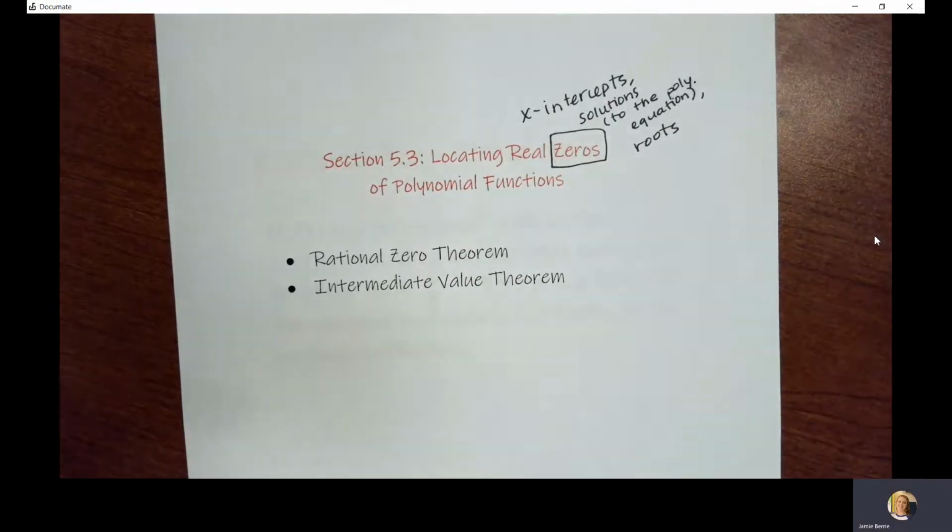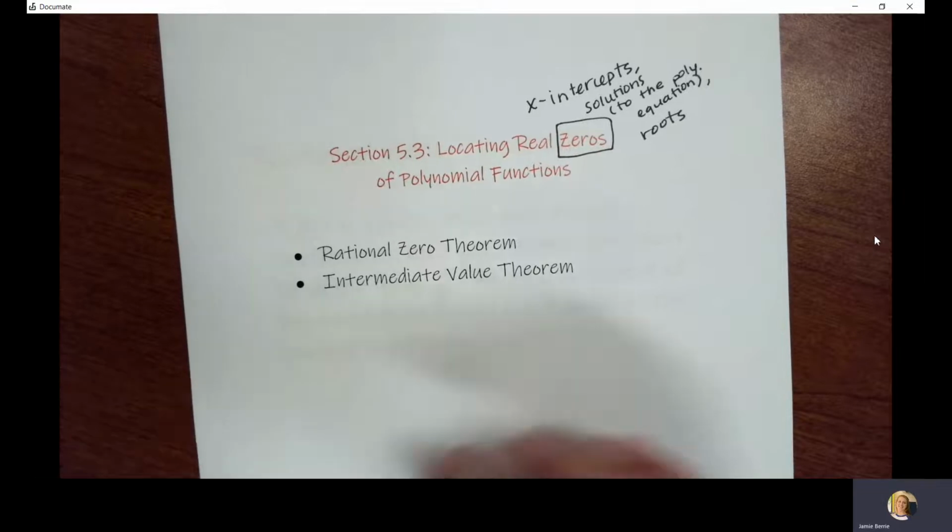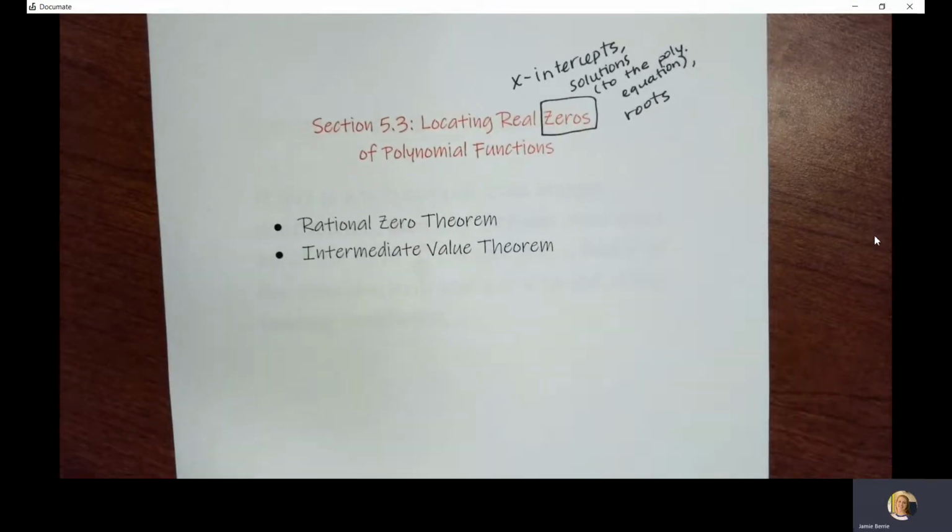So zeros are also called x-intercepts. They're also called solutions when you're talking about equations. And they're also called roots. These just refer to the places where the polynomial crosses the x-axis.